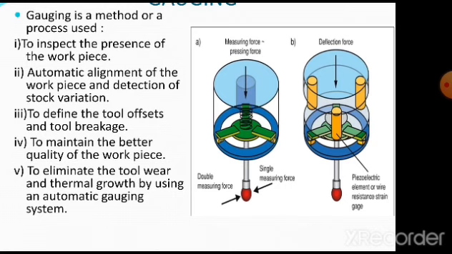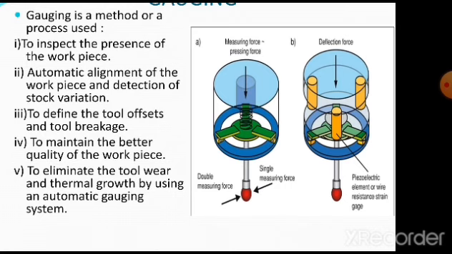To define the tool offsets and tool breakage: tool offset means what? The tool is mounted in a turret head, and whatever the distance is in the respective axis will be stored in the control system with the help of a control panel.